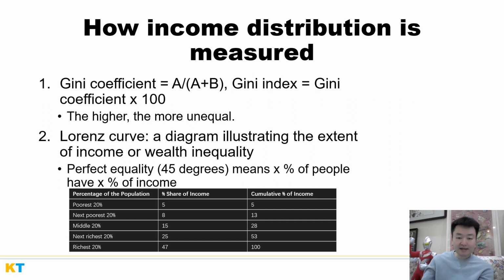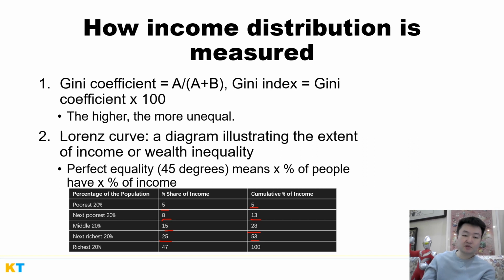So let's look at a hypothetical example. The poorest 20% have 5% of the income, cumulative 5. The next poorest 20% have 8% of the income, cumulatively 13. So 5 plus 8 is equal to 13. And then the middle 20% have 15, cumulatively 28. Next richest have 25%, cumulatively 53.